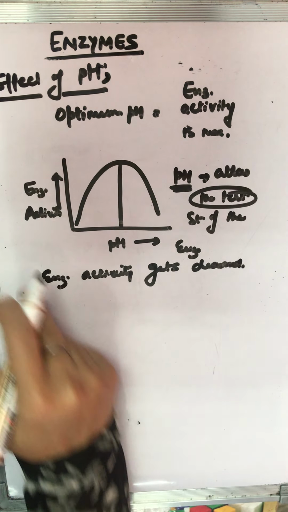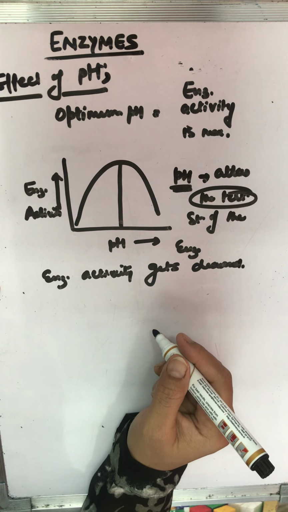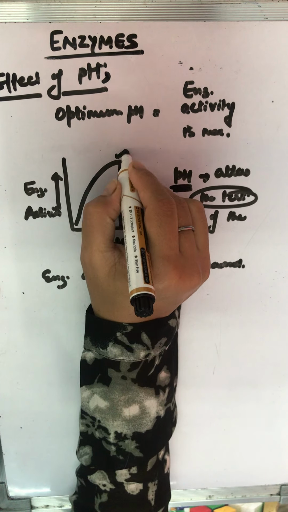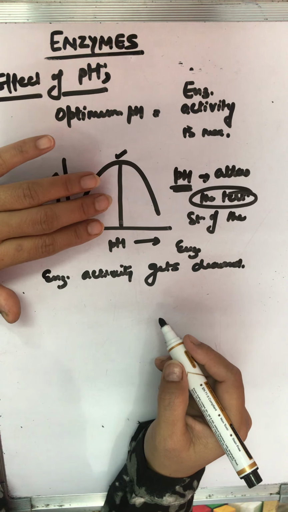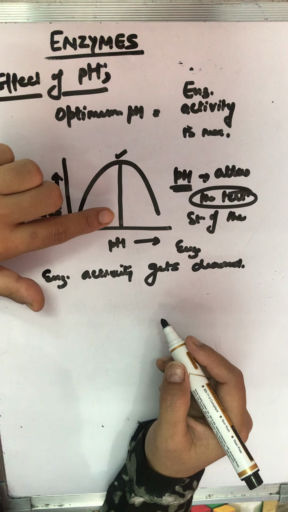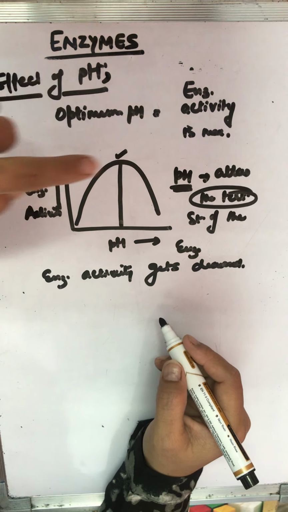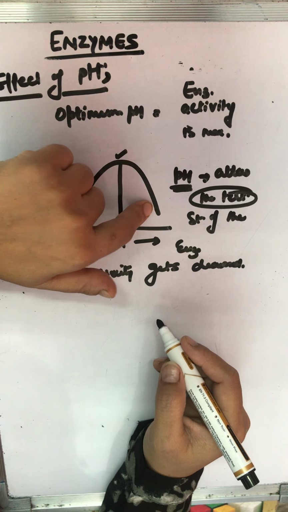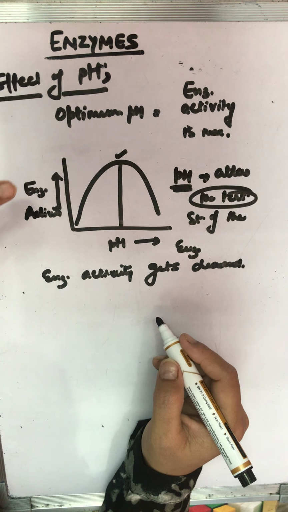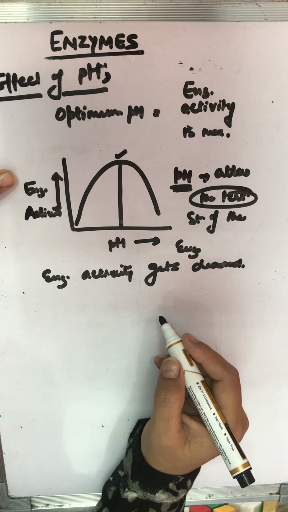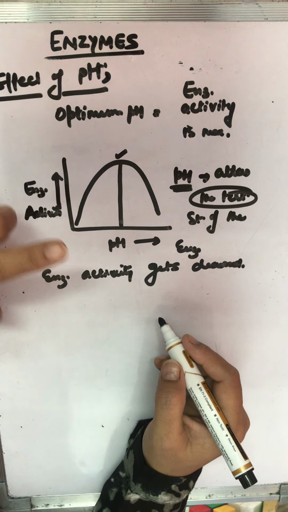This is the effect of pH, same as that of temperature. Always these values, temperature and pH, help in bringing the optimum range where the enzyme activity is maximum. Below and above the optimum range, no enzyme activity is observed, whether it is pH or temperature.